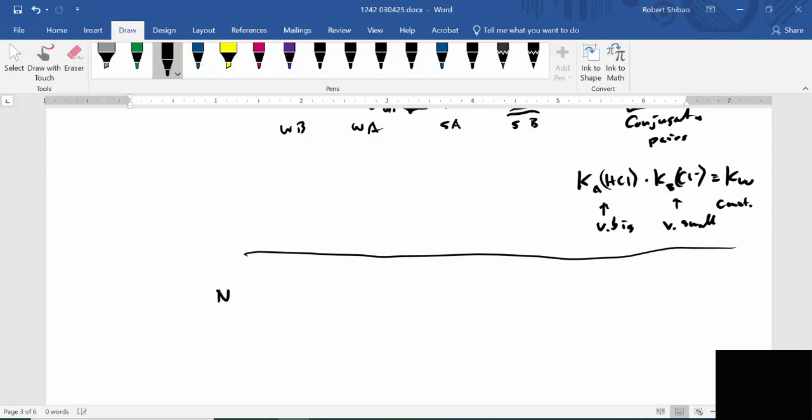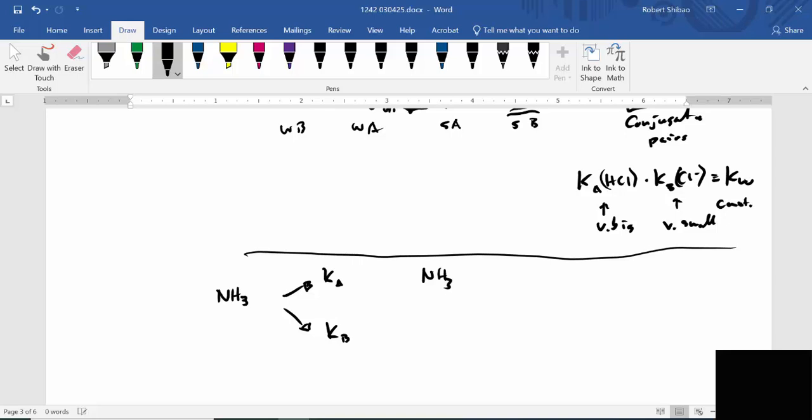Ammonia is an interesting compound. Do you know ammonia can go either Ka or it could go Kb? If ammonia goes Ka, then ammonia is acting as an acid or a base? Ammonia is acting as an acid.